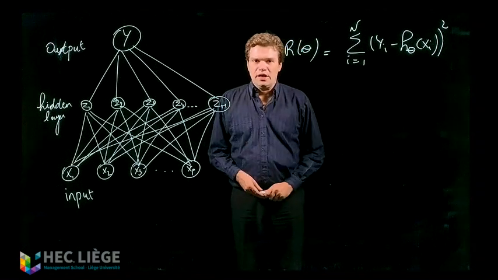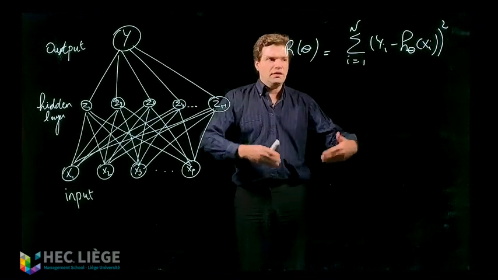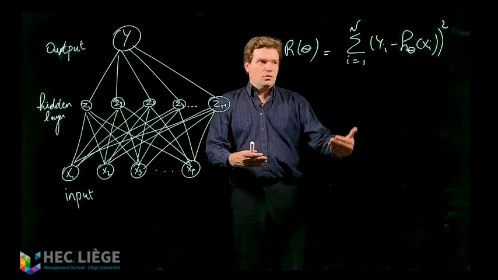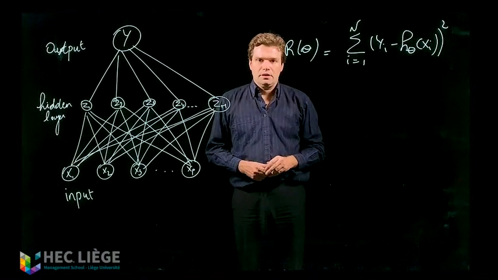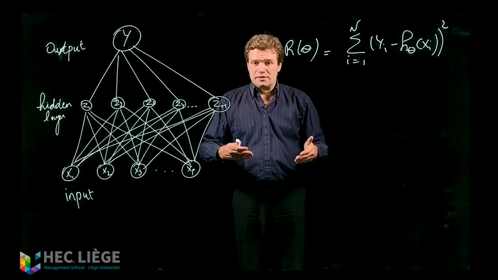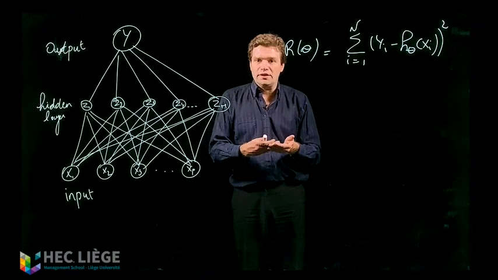Now let's say that we have starting values for theta and we begin the algorithm. We try to find the minimum of this function R of theta. And it is calculated with a technique which is known as a gradient descent.